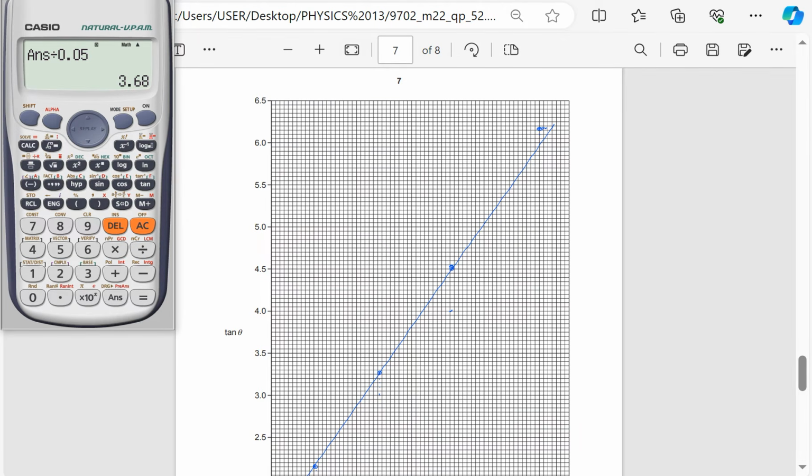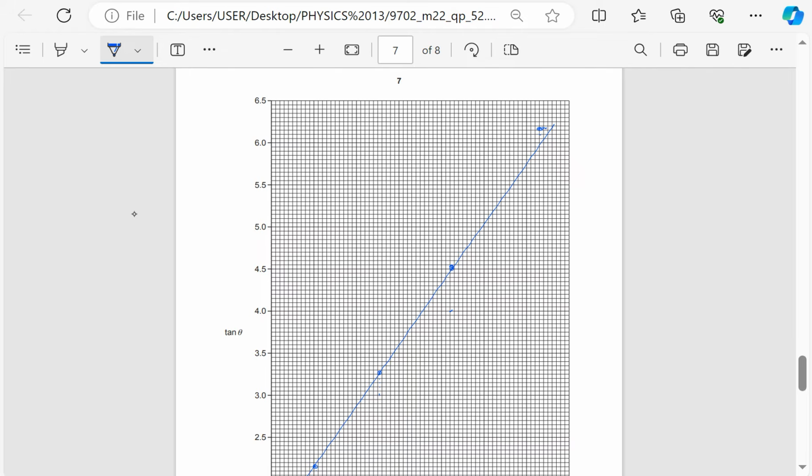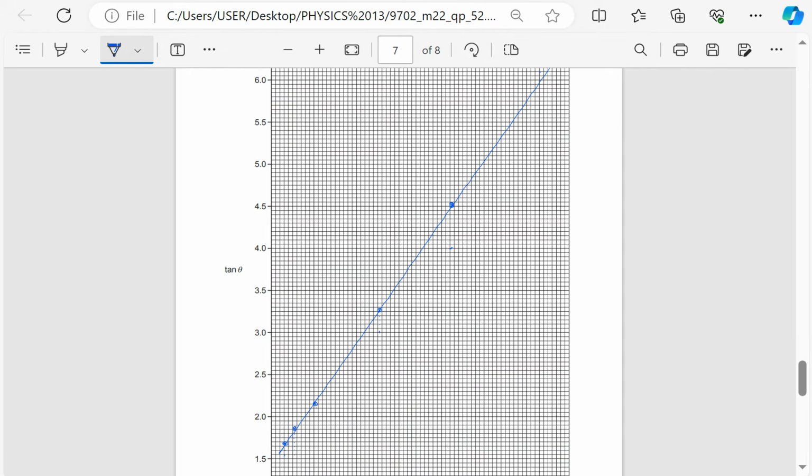No, it was 83 against 6.174. 6.174 minus 6.0 divided by the scale 0.05. Those are three small boxes. Let me check how many did I add. 1, 2, 3. It's correct. Okay, so that's going to be my graph.